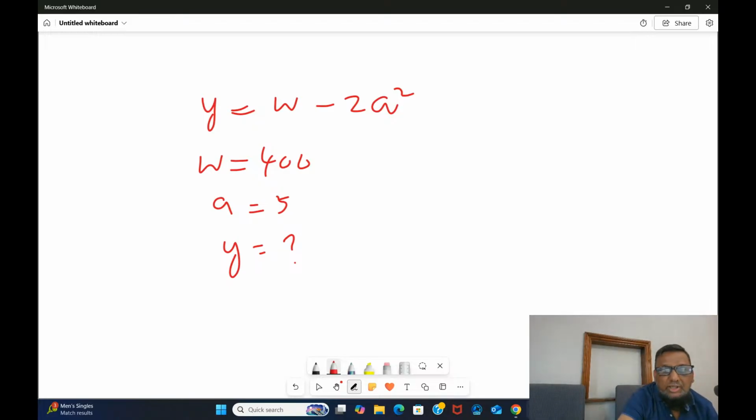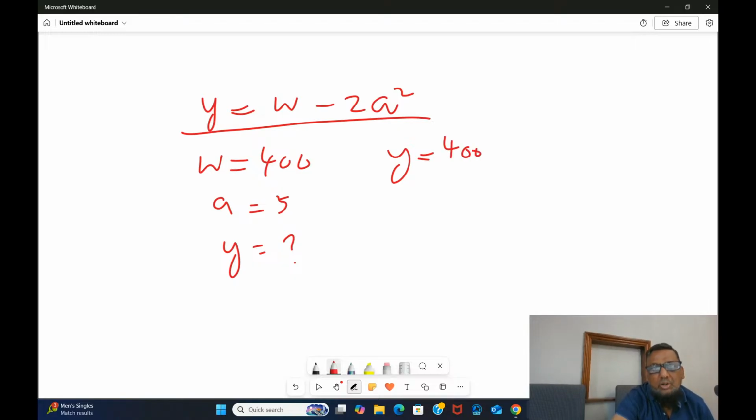So how can we work out the value of y? Very simple, very easy. You can rewrite this equation. So y equal to, instead of w, you can write 400, the value of w, minus 2a square. Instead of a, we can write the value of a, which is 5 square.